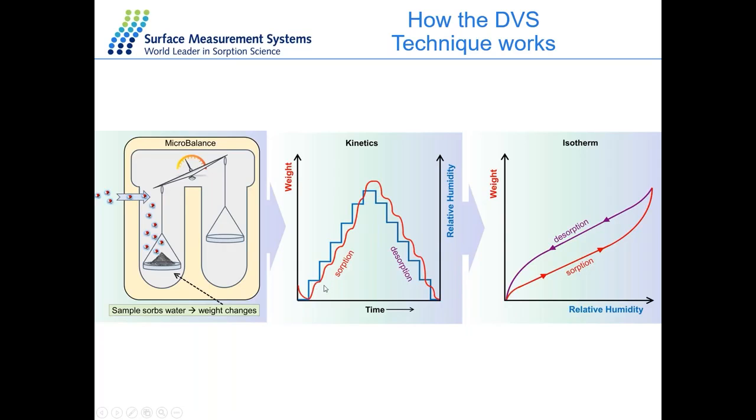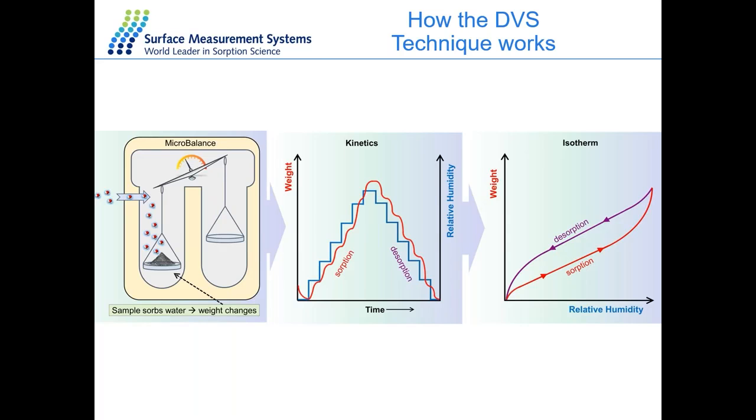It will read the mass output from the balance, wait for the sample to reach equilibrium, and then automatically move to the next stage. That will allow us to build up the data of the absorption and desorption. We can then take each equilibrium stage against each relative humidity stage and plot it as percentage mass change or weight over relative humidity. That will give us the plot of the isotherm that we see over here.